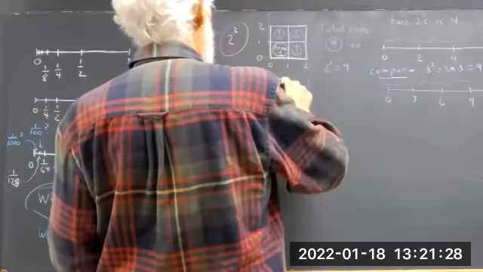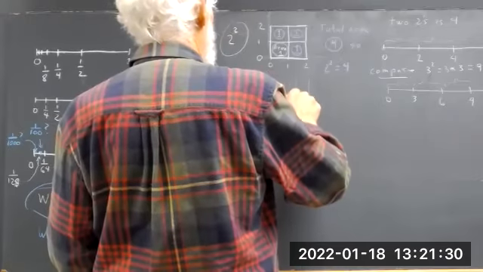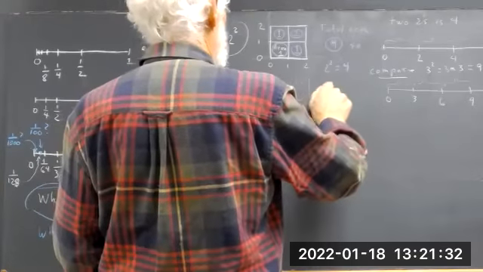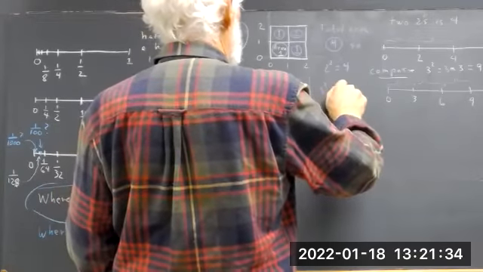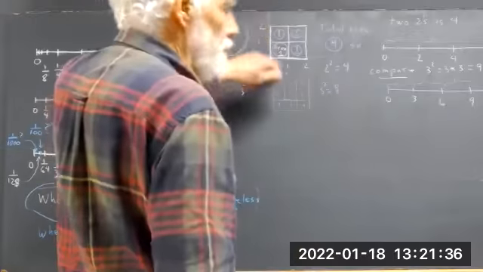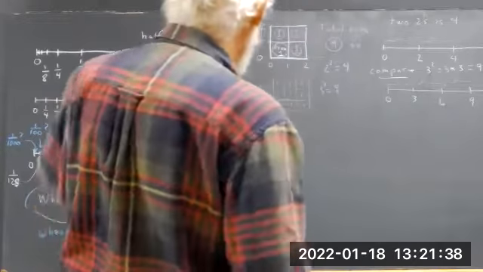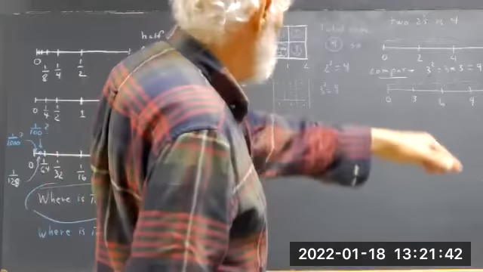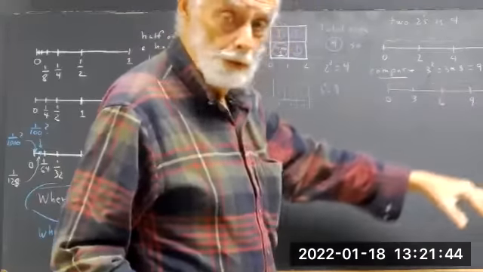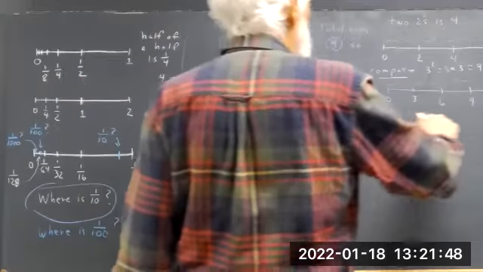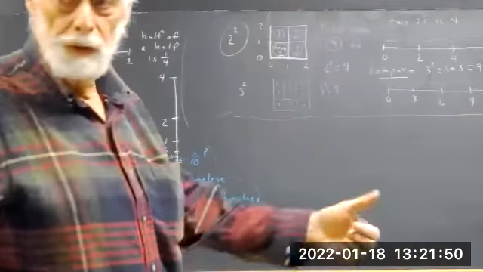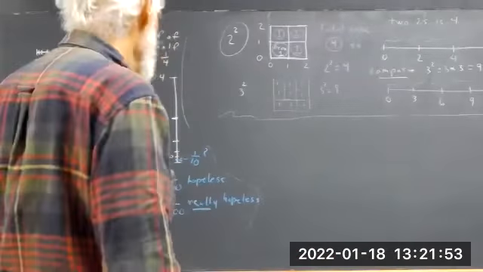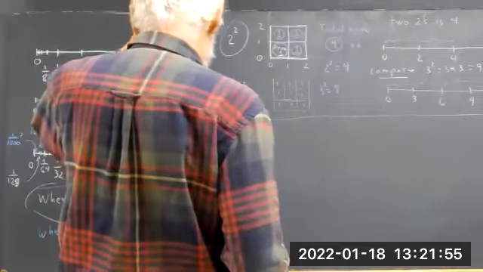But here we have 1, 1, 1, 1, 1, 1, and 1, 1. 3 squared is 9, just following the pattern that we had for 2 squared. So there's a geometric picture and a straight line picture of 2 squared and 3 squared. And you can think about what 4 squared would look like, 5 squared, 6 squared, and so forth. And you really should do that. Okay.